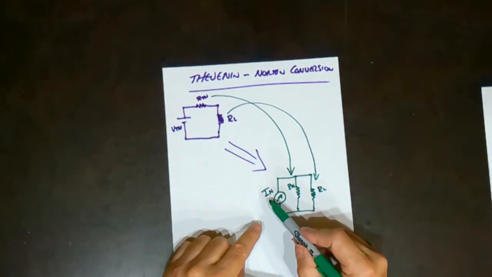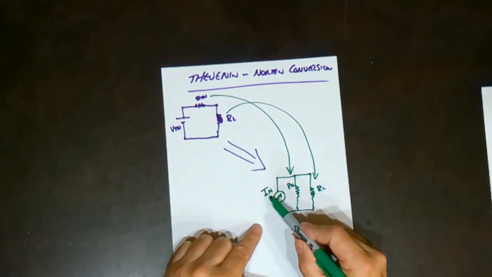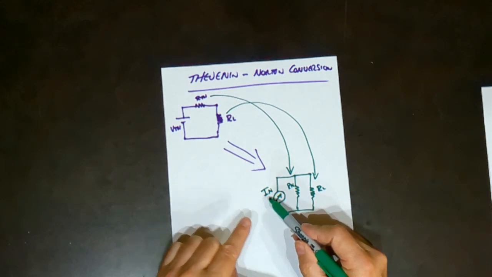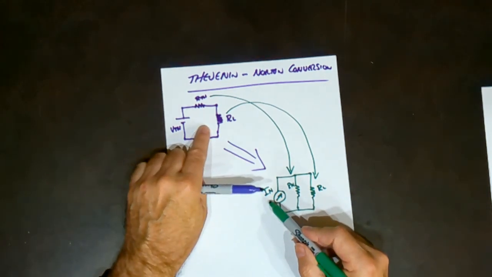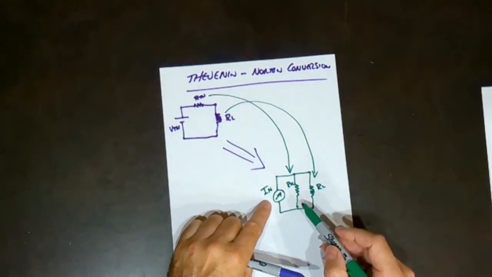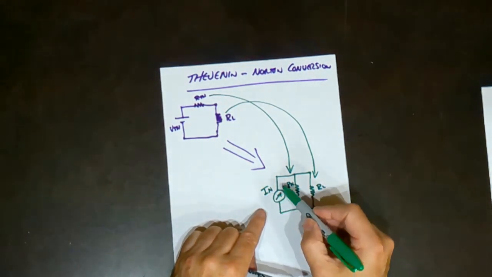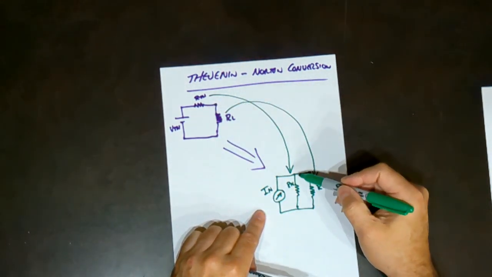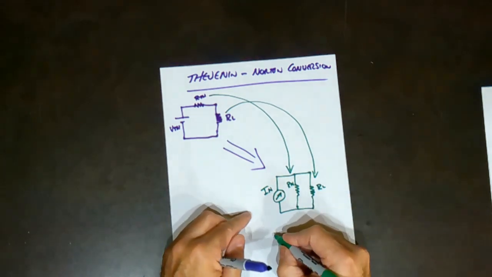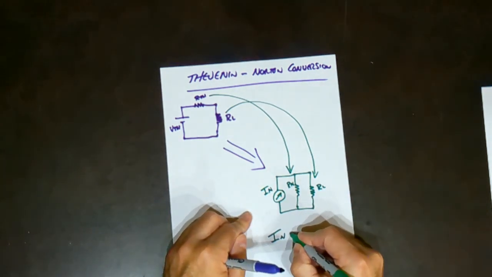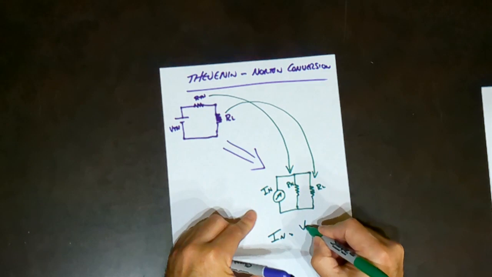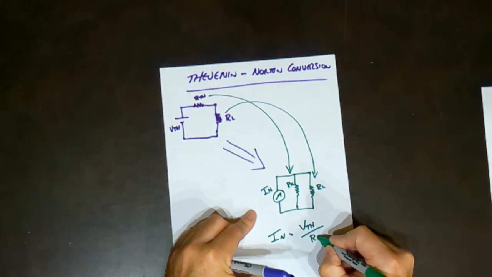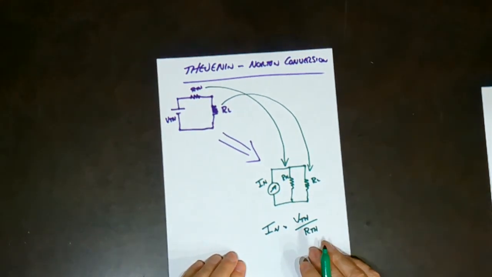So now what I need to do is calculate I Norton. If I have Thevenin's circuit and I want to create Norton's, all I need to do is switch it to a parallel circuit and calculate I Norton. I Norton is equal to voltage Thevenin over resistance Thevenin, Ohm's law.